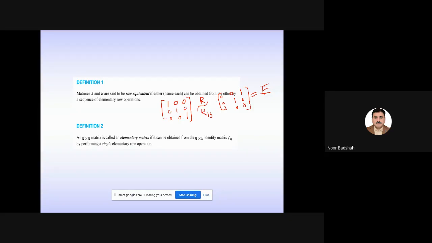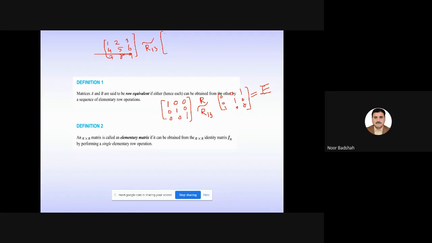Okay. So what is the purpose of an elementary matrix? You see, if we have a matrix, let's suppose that is 1, 2, 3, 4, 5, 6, 7, 8, 9, and we apply a row operation on it, interchanging row number 1 with row number 3.